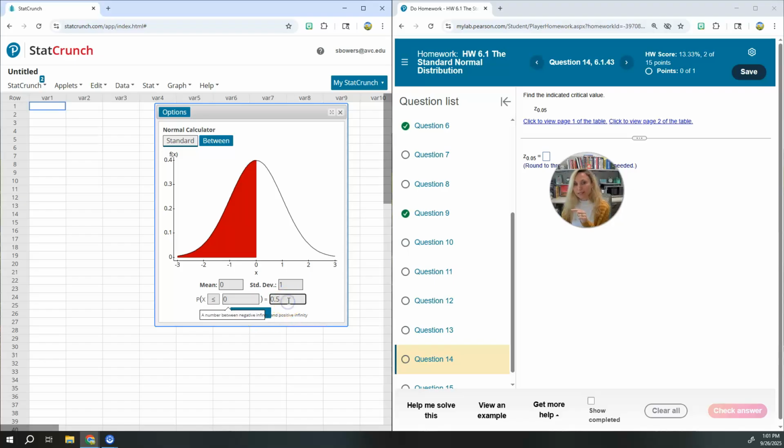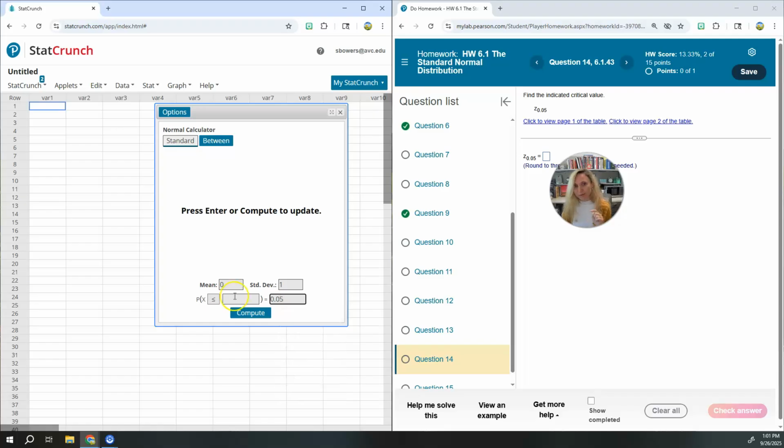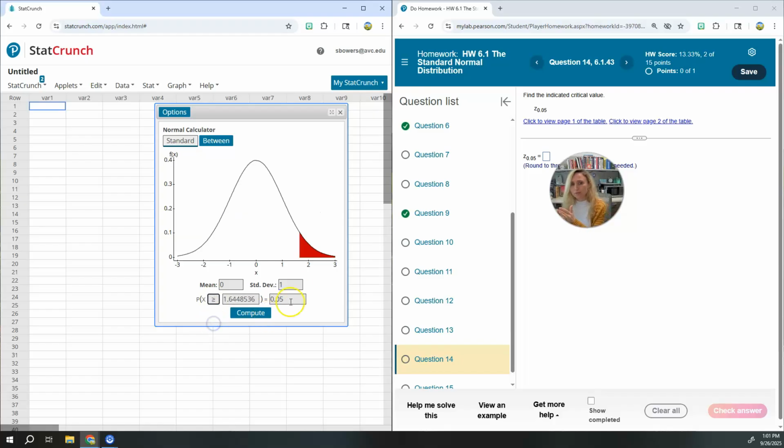Now we enter 0.05 in the area field, and we need to specify that it's the area not to the left, but to the right of the region. Again, we can see it on the graph. That area of 0.05, or 5% of the whole area under the density curve, is separated by the critical value of 1.645. We rounded to 3 decimal places.